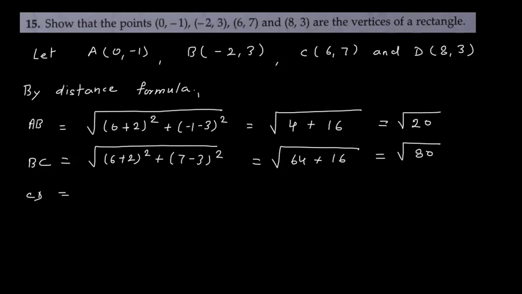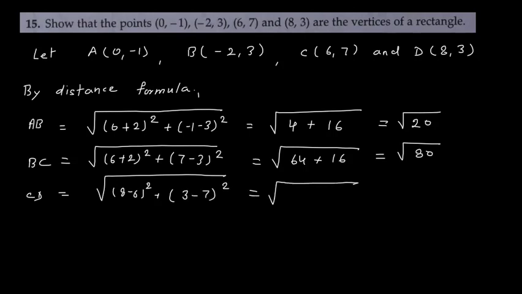Then CD is (8 minus 6) the whole square plus (3 minus 7) the whole square. This gives 8 minus 6 is 2, 2 square is 4, plus 4 square is 16. So this is root 20.